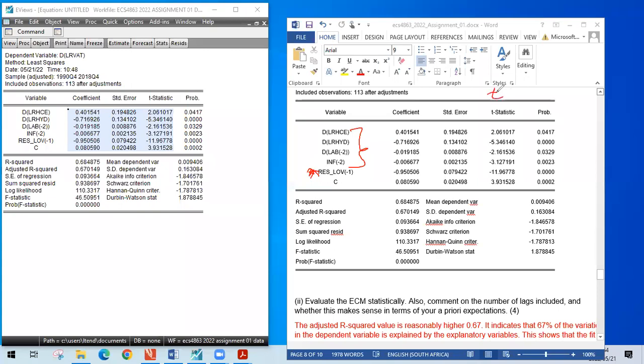Look at the T statistic. If the T statistic is greater than the absolute value of 2, so you disregard the negative sign, what's the conclusion? It is statistically significant.